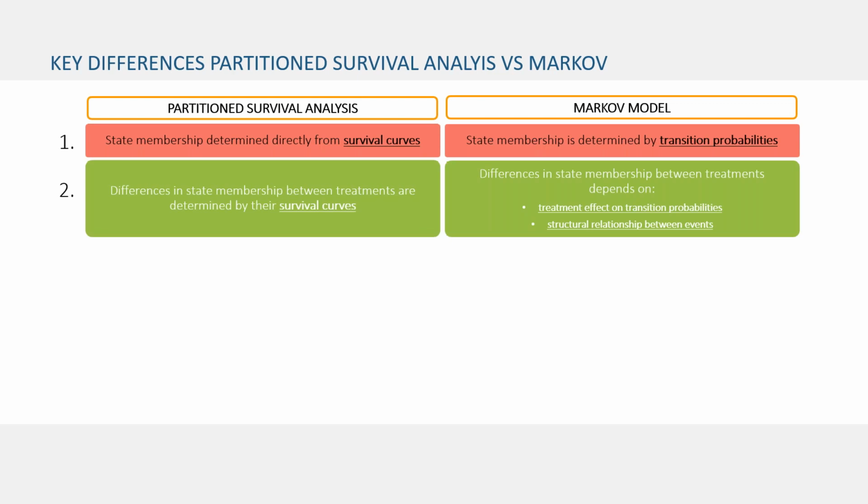Because you would use, for example, an overall survival curve for your treatment of interest and an overall survival curve for your comparator, this data would be directly put into your model, and the difference between the treatments would be inherent. Whereas in a Markov model, the difference between treatments would depend on the treatment effect that you apply onto the transition probabilities, and also the structural relationship between the events.